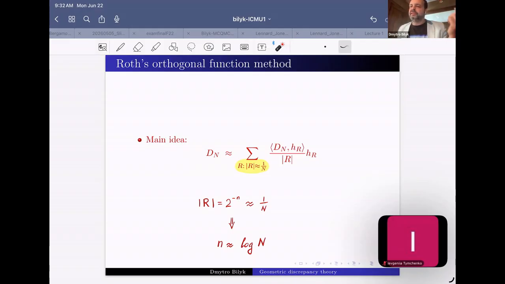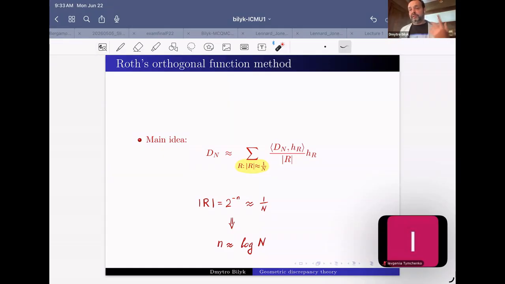If the rectangles are too small, too thin, they will probably either not capture any points or accidentally capture a point and give large discrepancies. So they don't carry any meaningful information if they're too small compared to the number of points. However, at these intermediate scales, if the size of the rectangle is roughly 1/N, then on average you have roughly 1 point per rectangle, and somehow these individual discrepancies will add up. The main information is in these intermediate scales.